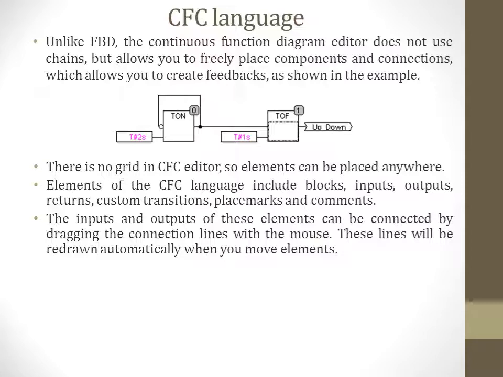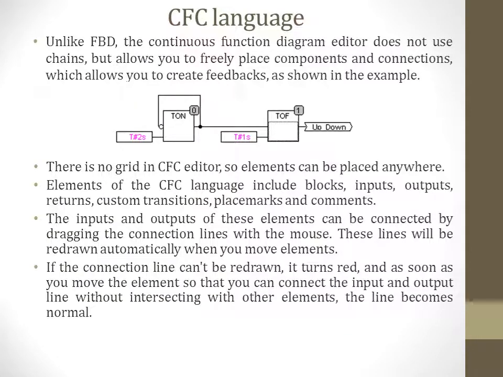This line will be redrawn automatically when you move elements. If the connection line can't be redrawn, it turns red, and as soon as you move the elements so that you can connect the input and output line without intersecting with other elements, the line becomes normal.